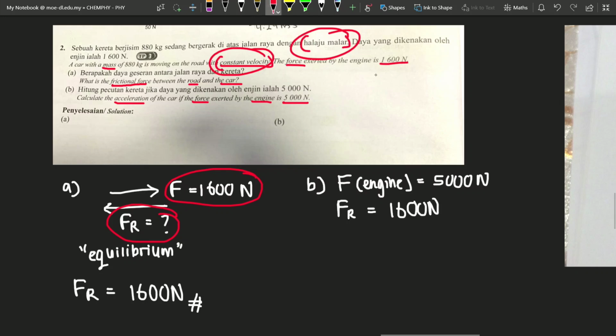Why is it the same? Because it is on the same road, sama jenis permukaan, jalan raya yang sama, daya geseran yang sama. So you know, daya tujah oleh enjin 5,000 Newton, daya geseran yang menentang pergerakan daya tujah adalah 1,600 Newton. So kita boleh cari daya paduan.